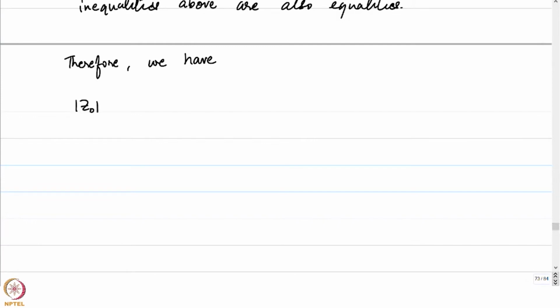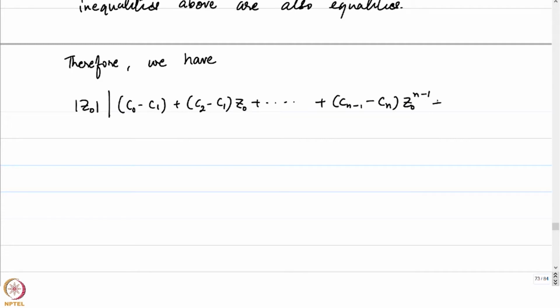Absolute value of z naught times the absolute value of c naught minus c1 times z naught plus c2 minus c1 times z naught plus up to cn minus 1 minus cn times z naught to the power n minus 1 plus cn z naught to the power n.